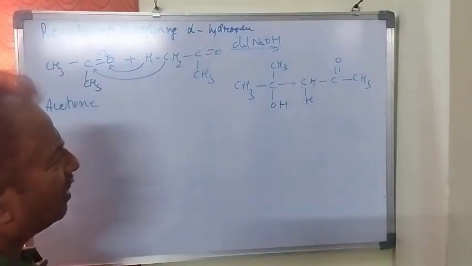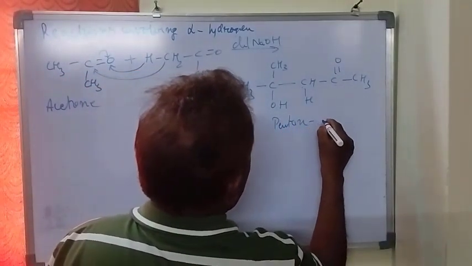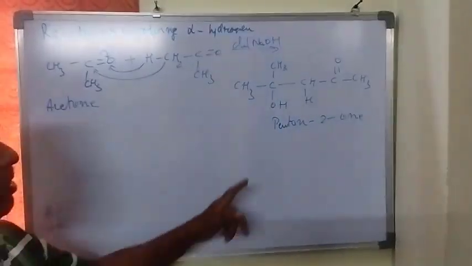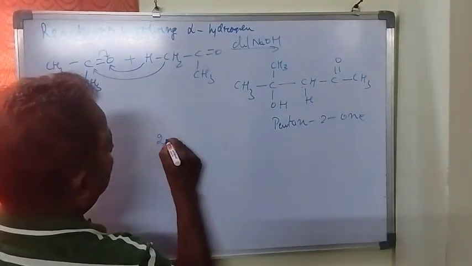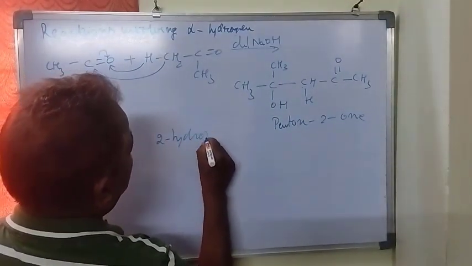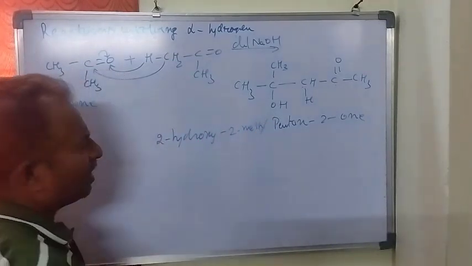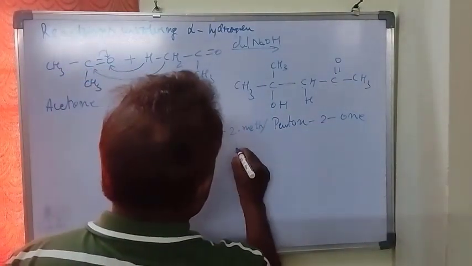This is pentane. So this is pentan-2-one. On pentan-2-one, a methyl group is there and a hydroxy group is there. Therefore, this is 4-hydroxy, 4-methyl, pentan-2-one. And of course, this is a beta hydroxy ketone.